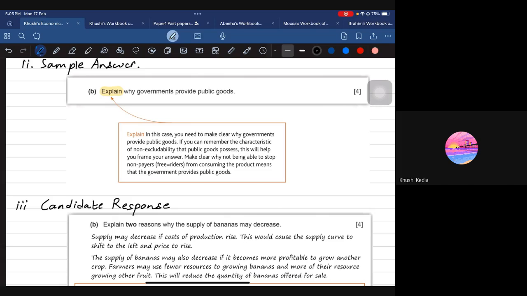When the supply may decrease if cost of production rise, I believe they could have explained more on why the supply curve will shift to the left if cost of production rise. Yes, the reason for the rise in the cost of production is missing. So the other part is fine. The second one that he has done, that is fine, right? Yes, sir.